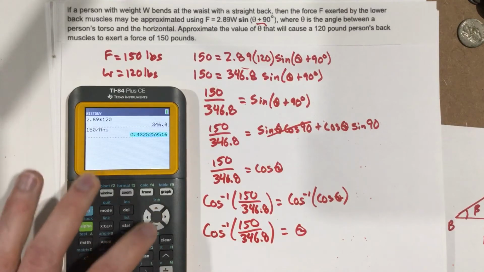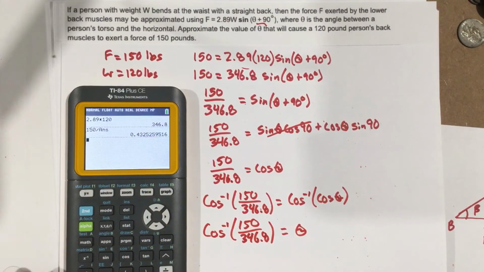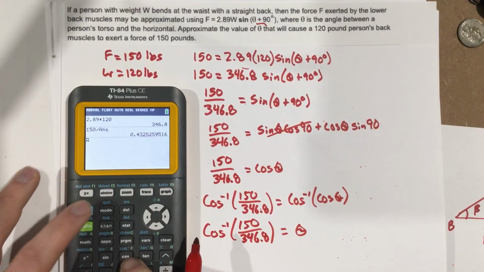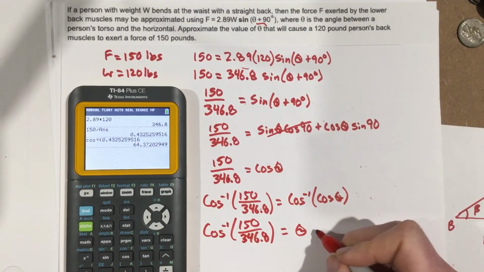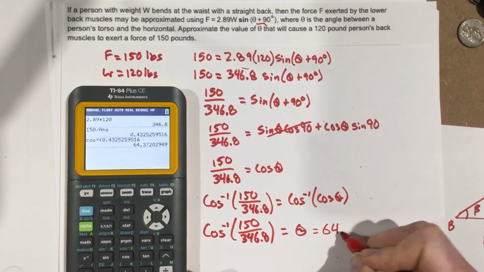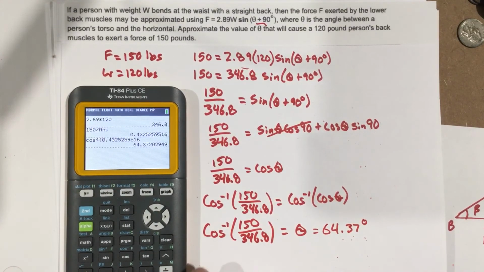Now, thankfully, we already have that number right there. So let's go ahead and use the inverse. We can just pick that number out because that was 150 divided by 346.8. Hit enter. Tells us that we have an angle of 64.37 degrees. That's our angle.